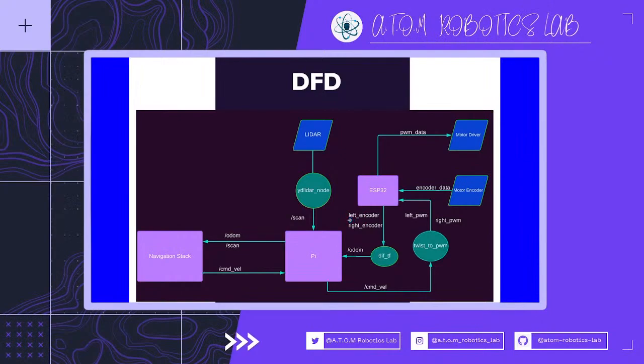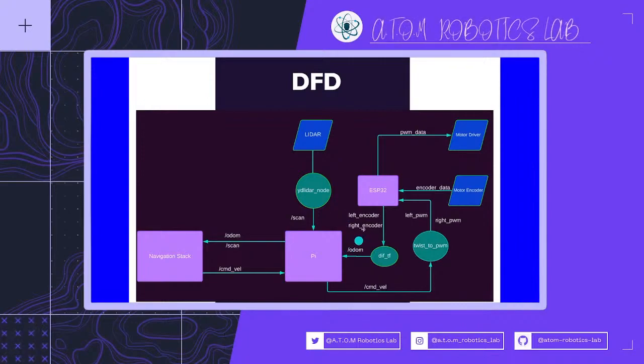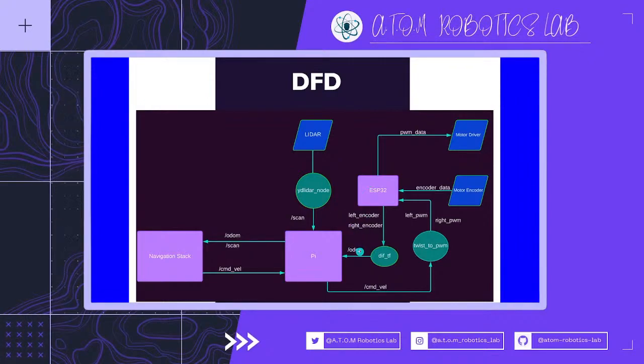Using that, we can check where our bot is, its orientation and everything. After that, we give all the data to the navigation stack so that it can perform all the navigation tasks.